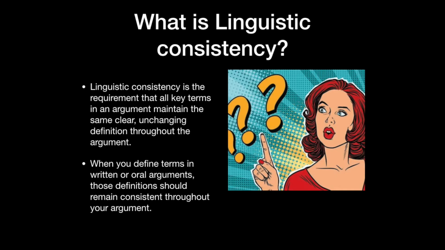And again, this applies to oral arguments as well as written arguments that you may be presenting in a paper or in an essay. So make sure that you define your terms consistently and clearly from a reputable source up front, and then throughout your arguments, maintain that consistency.